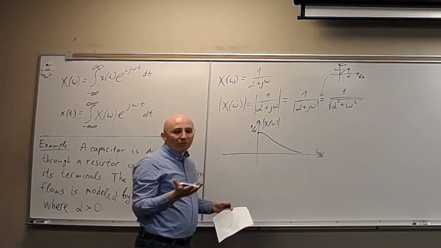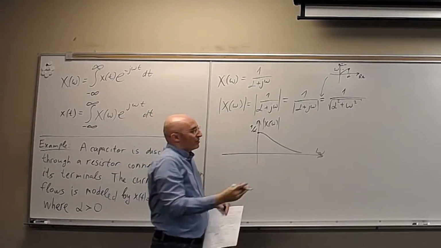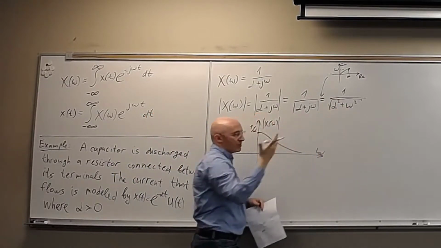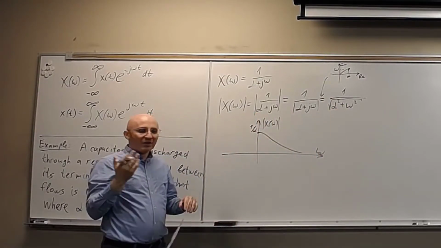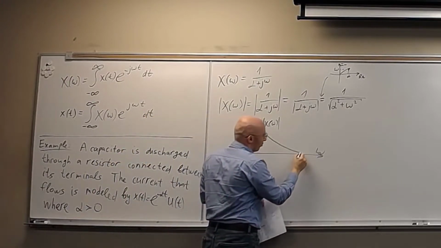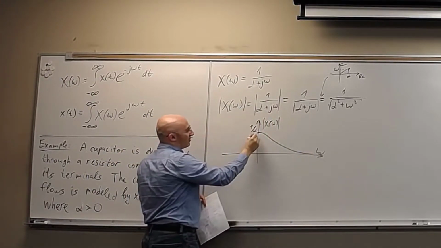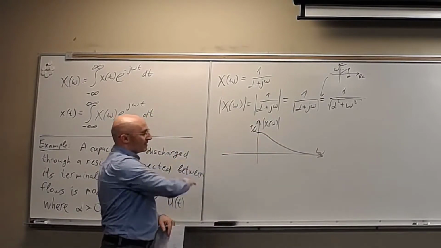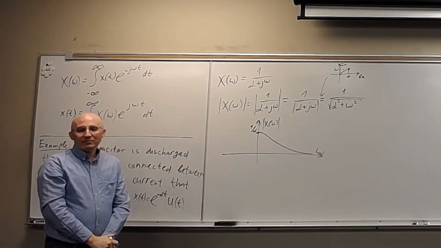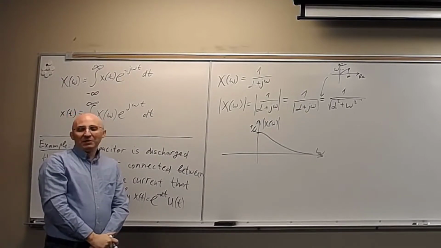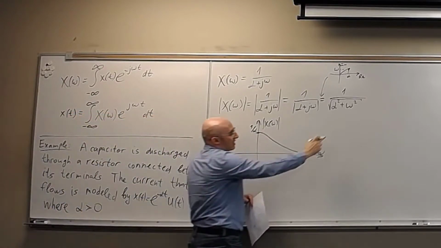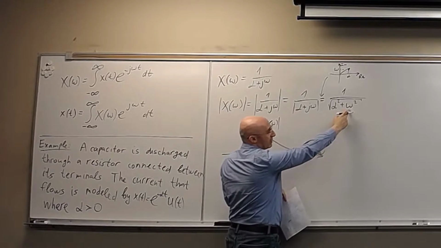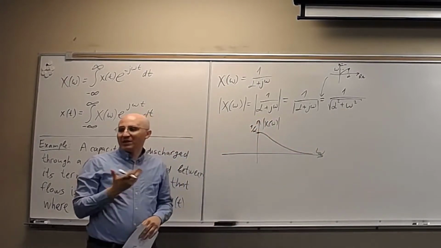Will it ever be 0? No, because this is 1 over something positive, so it will never get to 0; it approaches 0 but never gets there. Now, what should I draw on the other side? The same thing, complete symmetry, because it doesn't matter if omega goes positive or negative, it's squared.